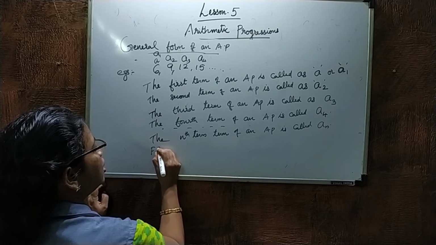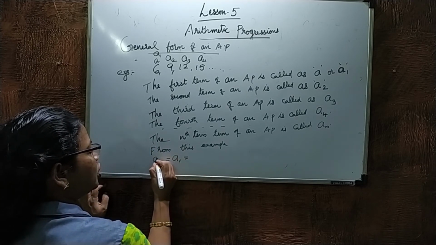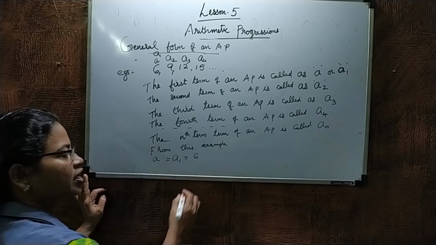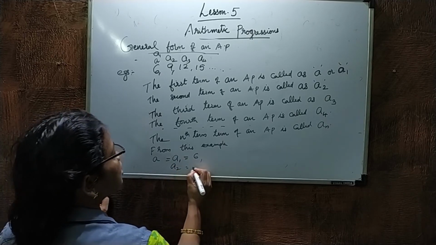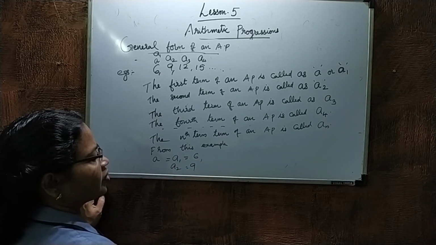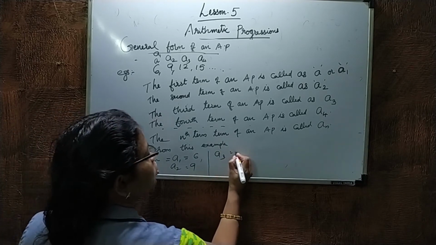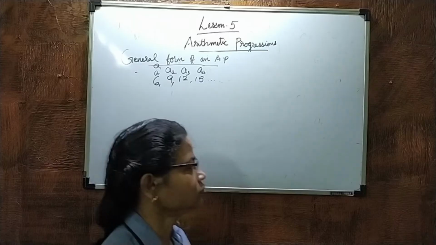A1 is equal to, or A is equal to A1, and it is 6. Right? Then what are the next one? A2 is, what is A2? It is 9. Right? A3 is 12, and A4 is 15.